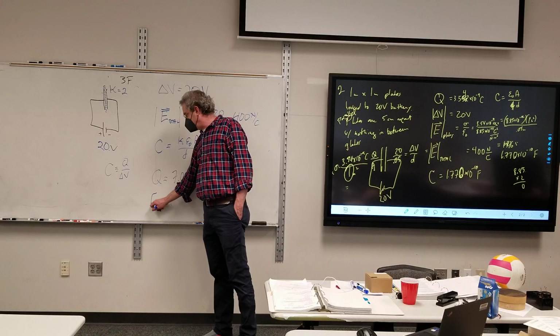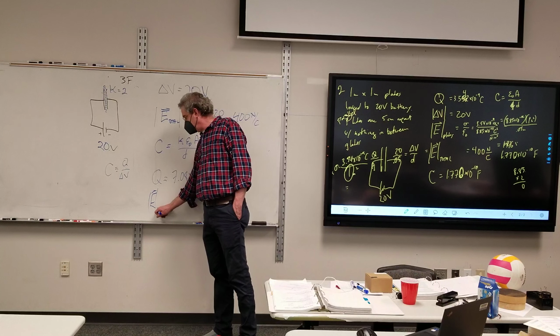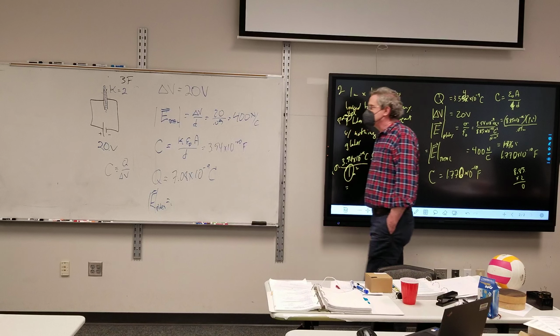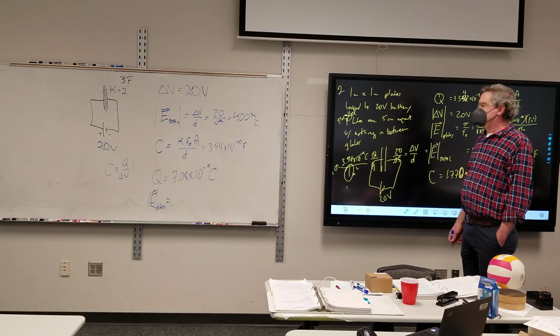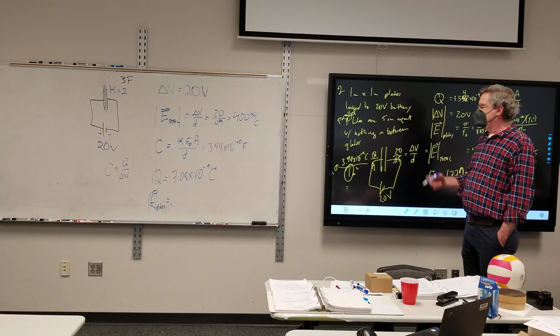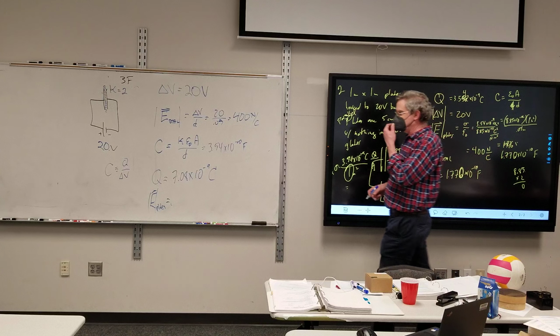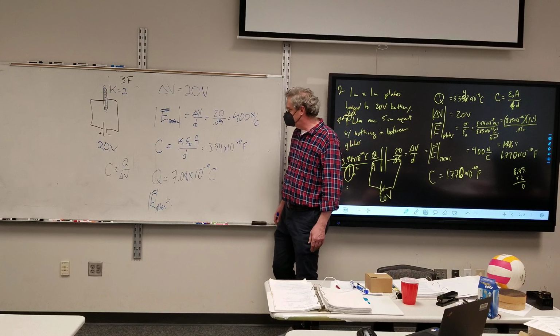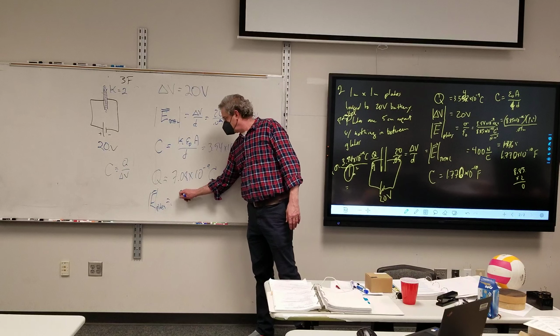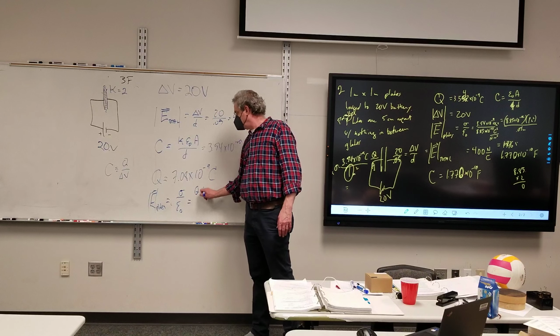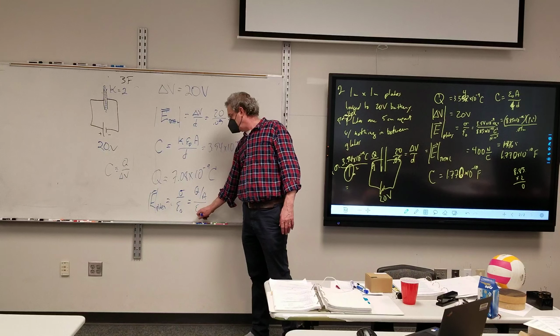And so now I can find the electric field because of the plates, which is just surface charge density divided by epsilon sub naught. This is sigma over epsilon sub naught, and that's Q over A divided by epsilon sub naught.